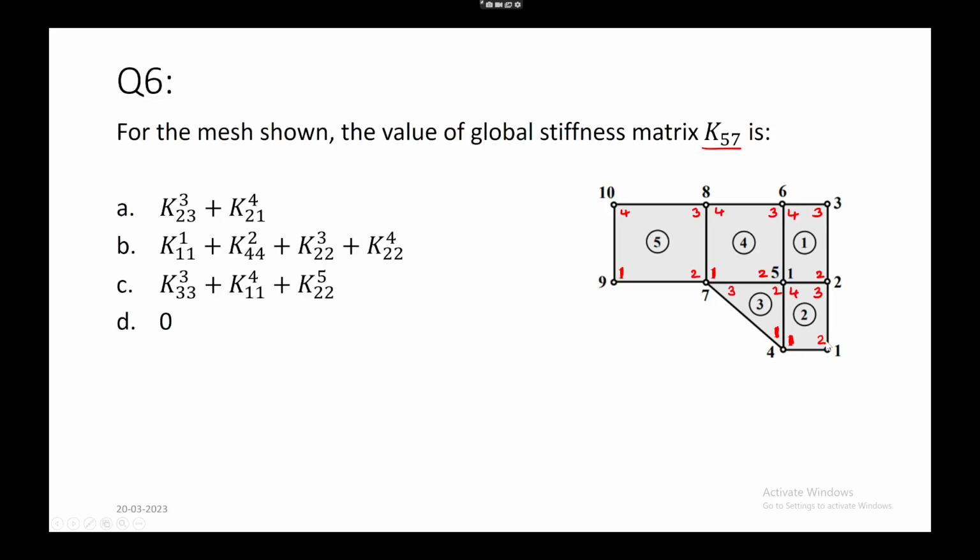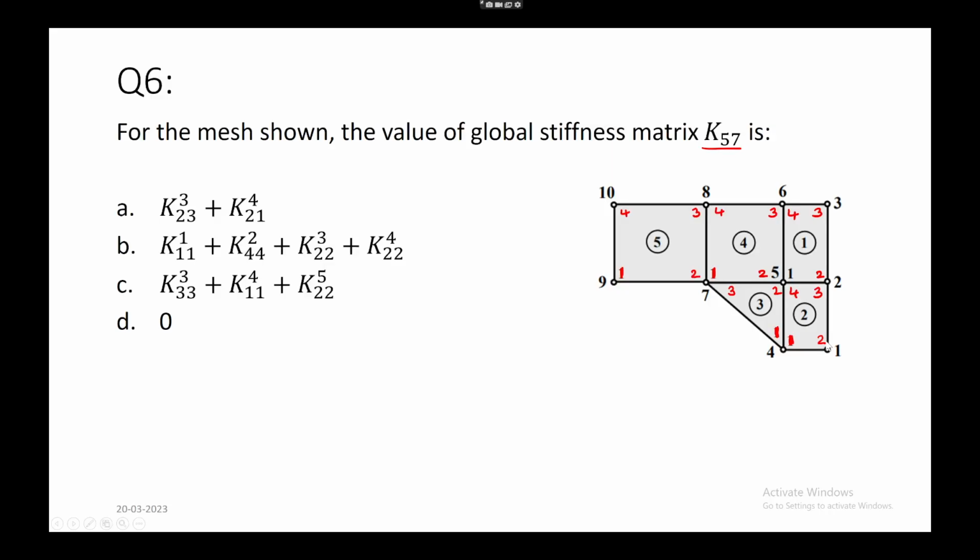So for the global stiffness 5 7, how many contributions will there be? 2. Yes, because this line is common to both the third element and the fourth element. So from this itself we can guess what the answer will be. A. Yes, A. For the sake of clarity, we will write it once again. You will have contributions from the third and fourth element.